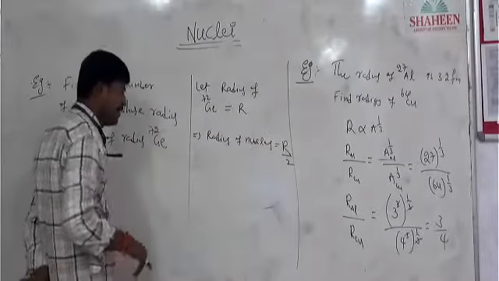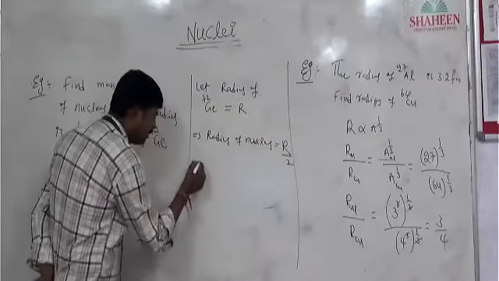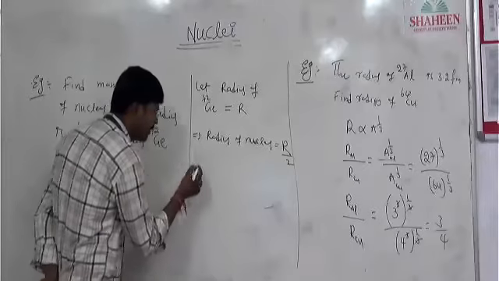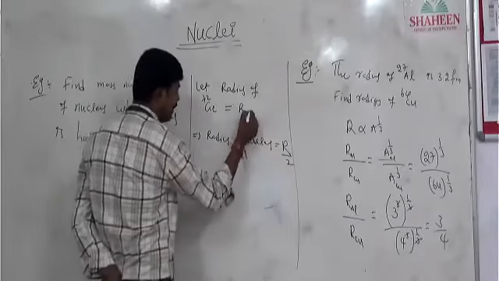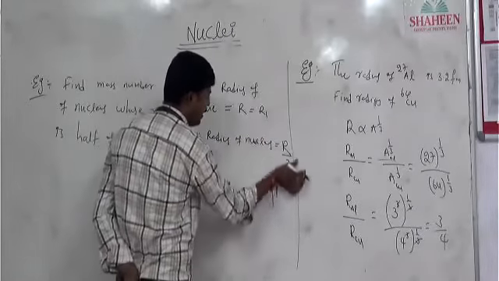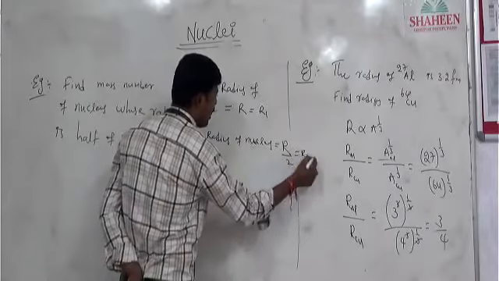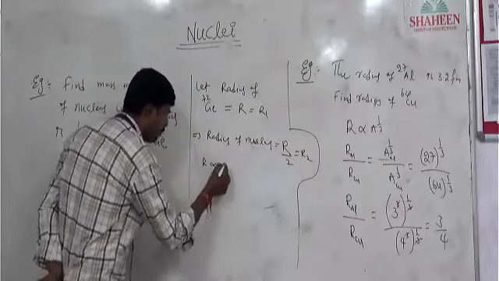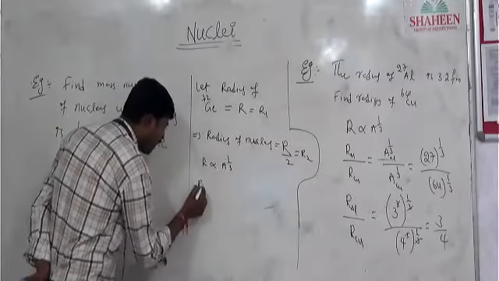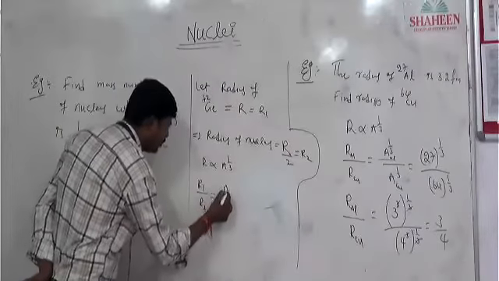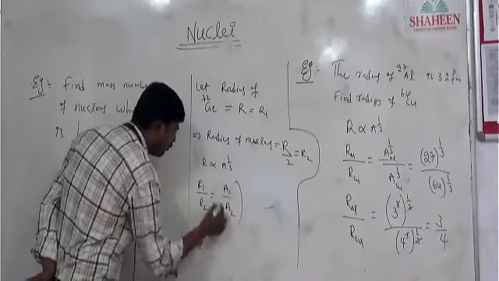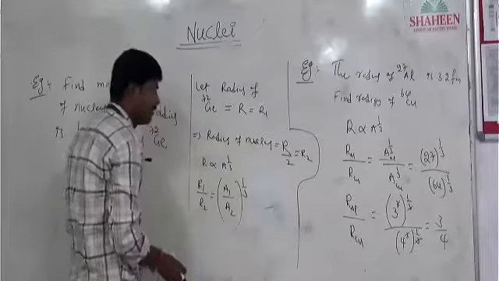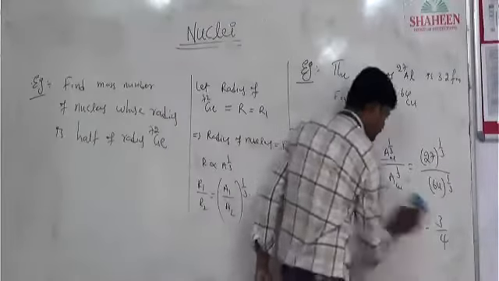So we will take the ratio. What ratio? Nucleus to germanium. Clear? So I am taking this as R1 and this as R2. We know that R is directly proportional to A power 1 by 3. So R1 by R2 will be equal to A1 by A2 whole power 1 by 3. Yes or no?